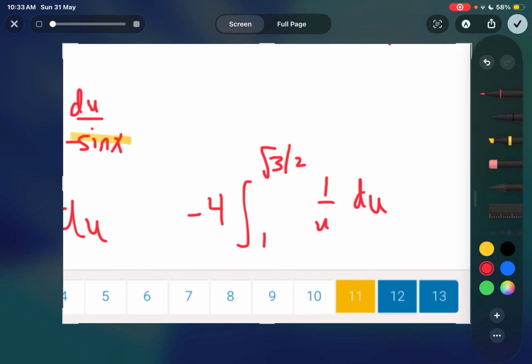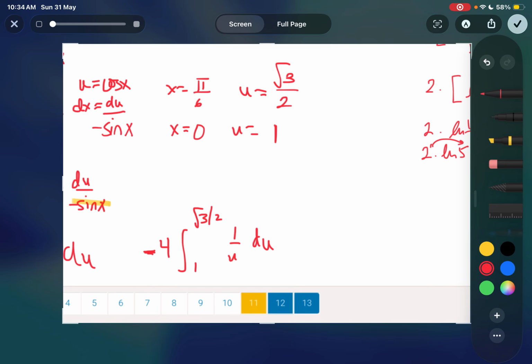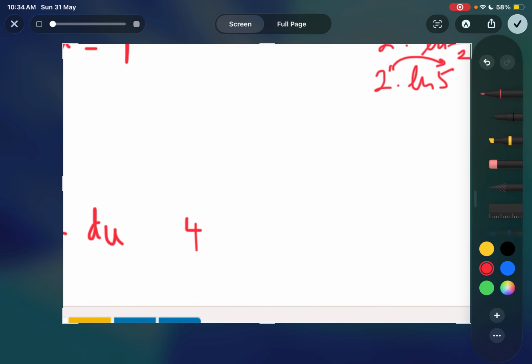But then, let's flip the boundaries to remove the negative sign from the 4, because to remove the negative we flip the boundaries. The 1 will go up and the radical 3 over 2 will go down, so now it will become positive, from radical 3 over 2 to 1 of 1 over u du.